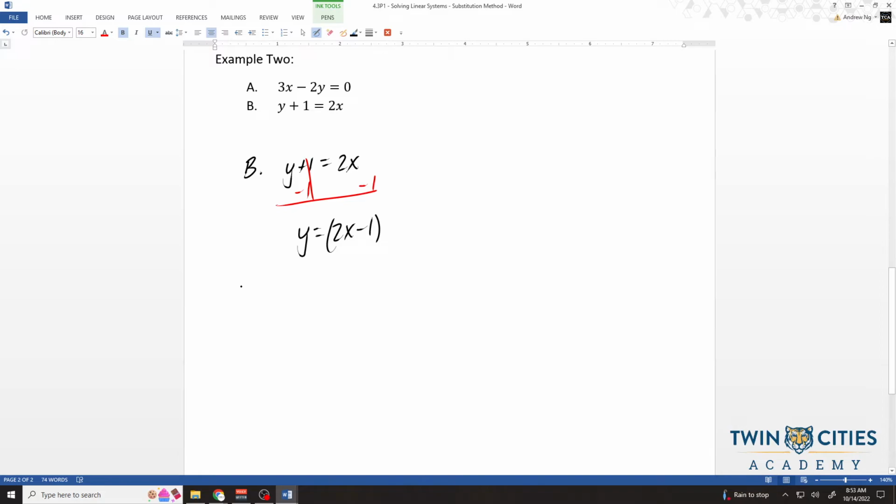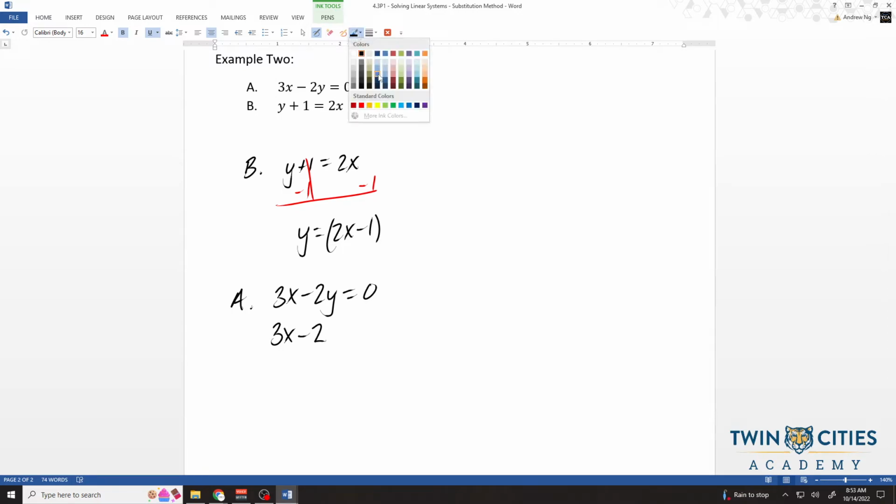So let's go over to equation A, which says 3x minus 2y is equal to 0. But since y equals 2x minus 1, then I can say that this is 3x minus 2 times, instead of y, I'm going to replace y with 2x minus 1. And say this is still equal to 0.